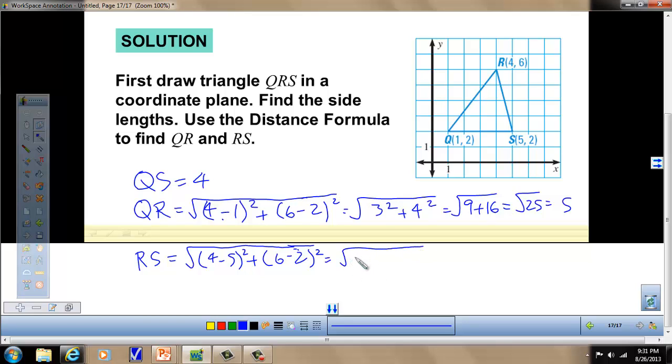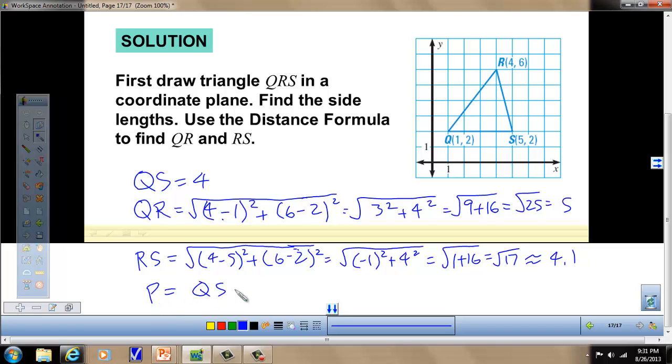That's going to give us a negative 1 squared plus 4 squared. And that's the same as square root of 1 plus 16, which is square root of 17, which ends up being approximately 4.1. Then to find the perimeter, all we do is we add the 3 sides.